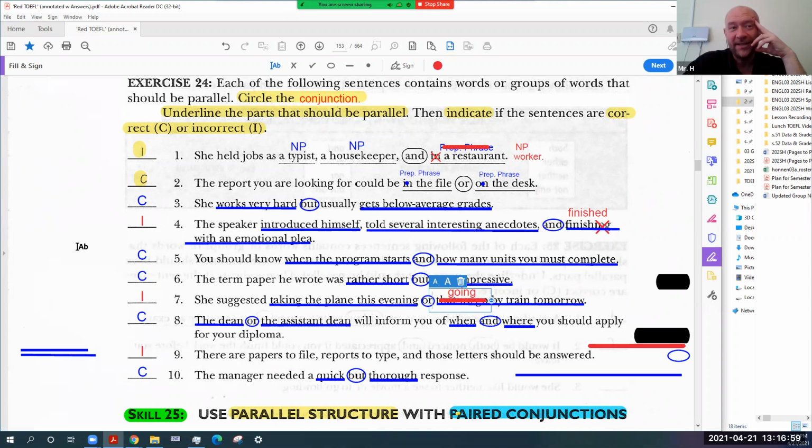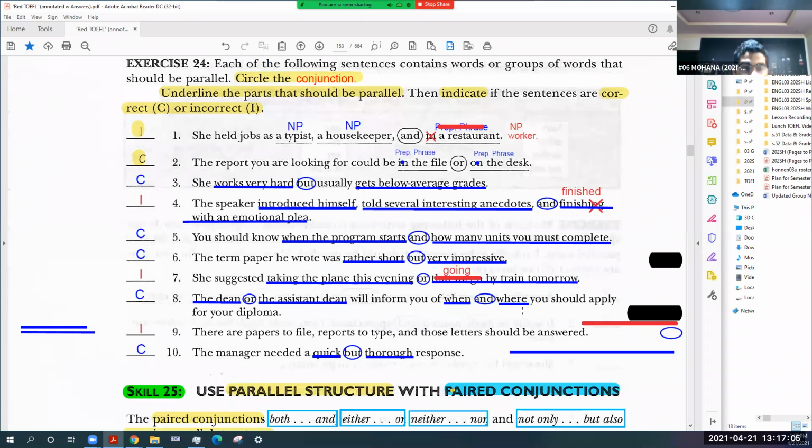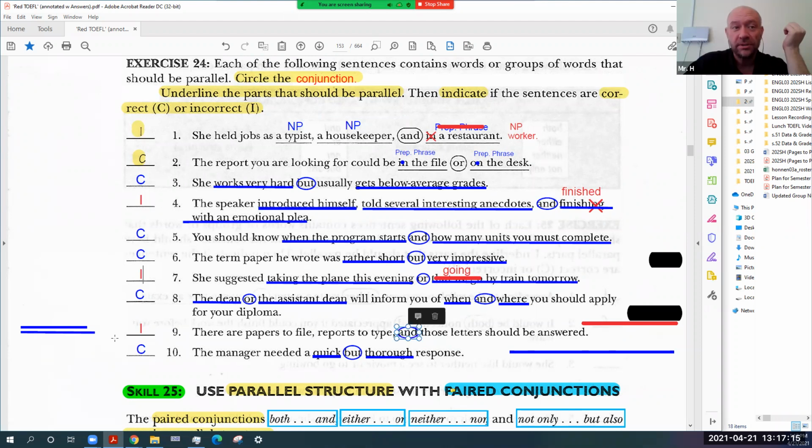Mohana, you get to do number 9. Find the connector, or the conjunction, sorry. Where's the conjunction? And then the first structure. Reports to type.